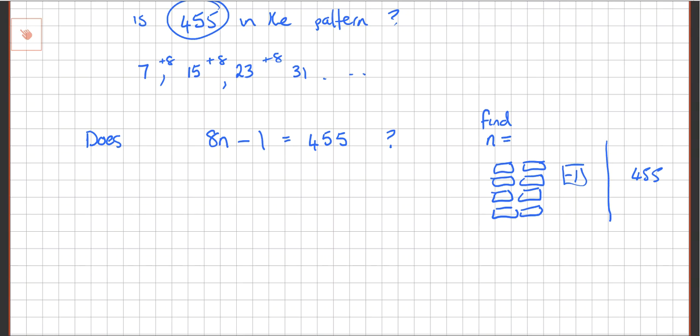So if this is the rule that makes the set of numbers, is this one in? So imagine we put a box around that, okay? We said what subtract 1 would make 455. Well, we can do that by adding the 1 back on and saying that, well, before we subtract the 1, we have 456.